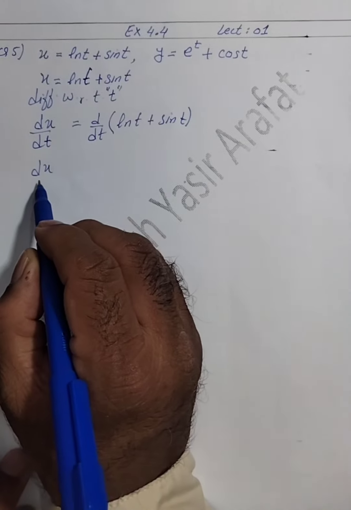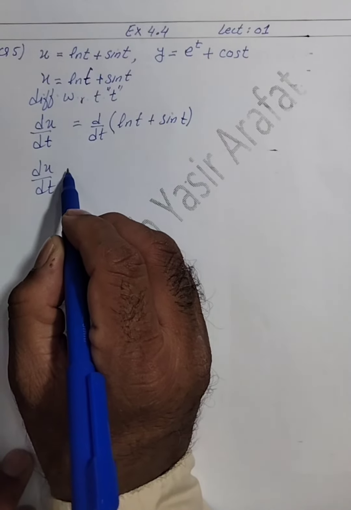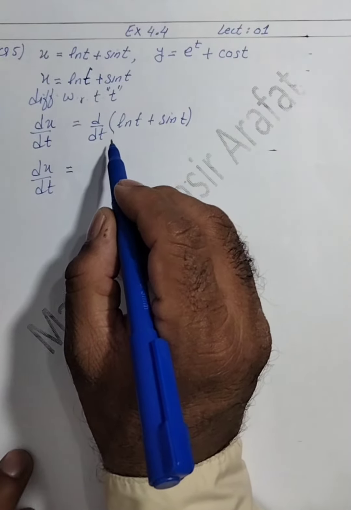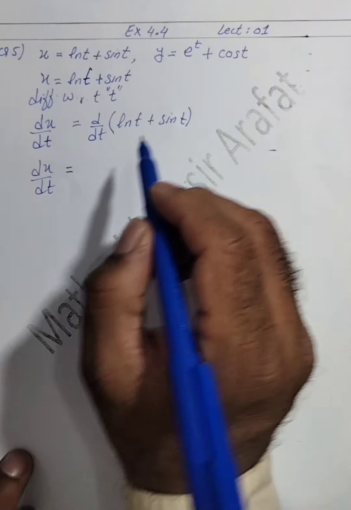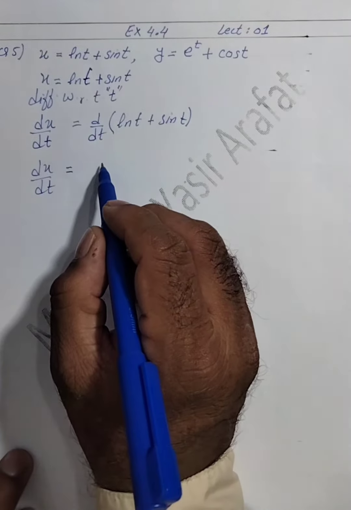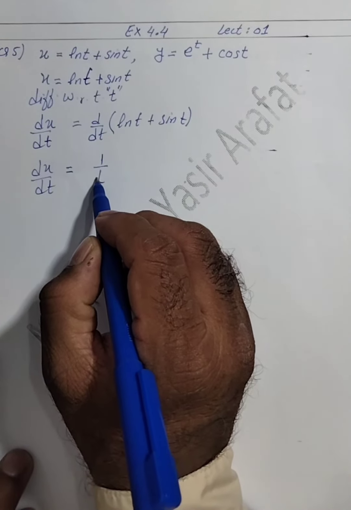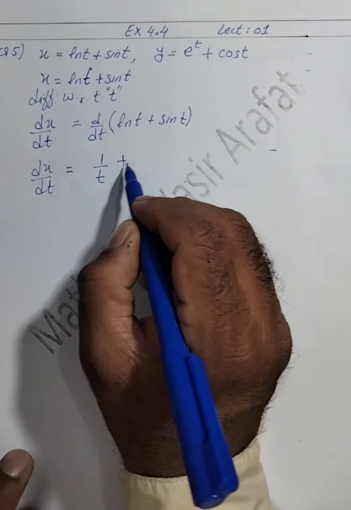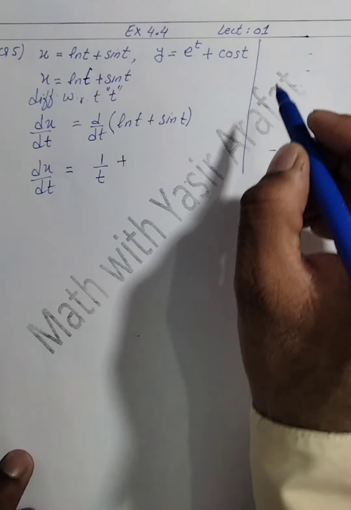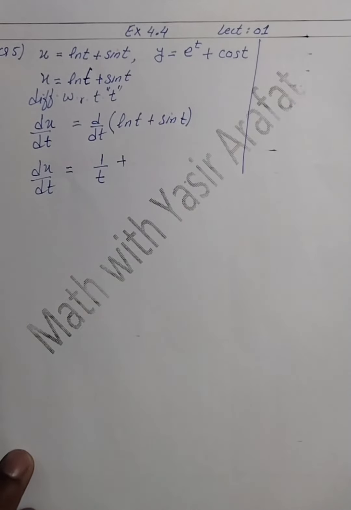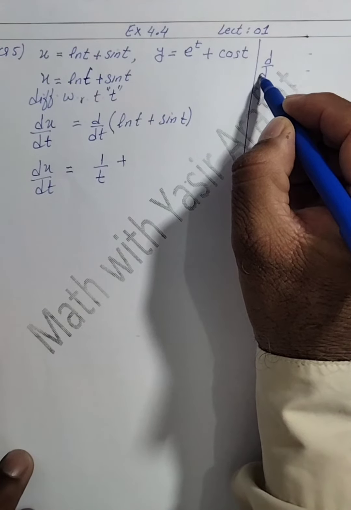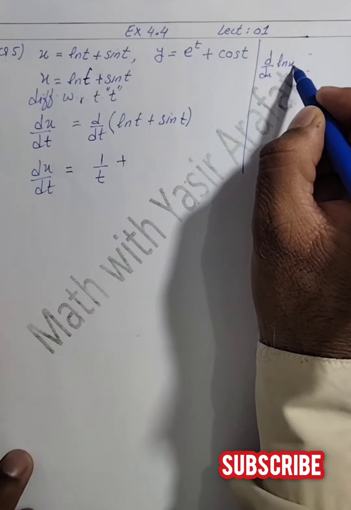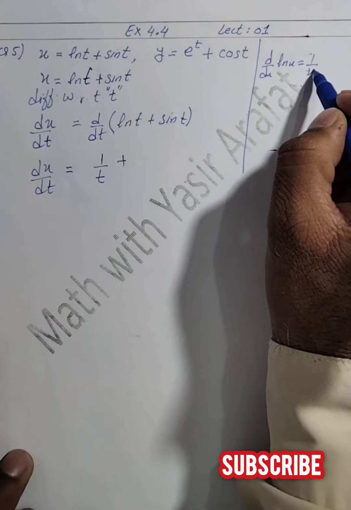This is dx over dt, it is equal to, now we have to find the derivative of ln t and then the derivative of sine t. So the derivative of ln t is 1 upon t, because we have already discussed in the last question the derivative of ln x is 1 over x.